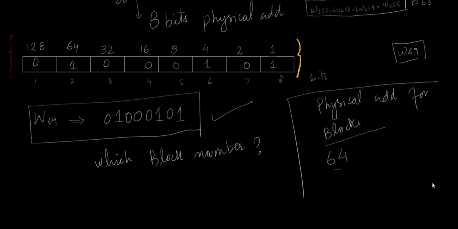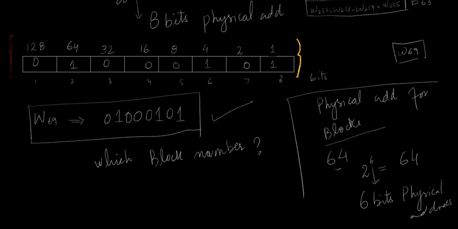I have 64 blocks. 64 blocks means 2 raised to power 6 equals 64. It means 6 bits is going to be my physical address. So the physical address for the blocks is basically 6 bits.